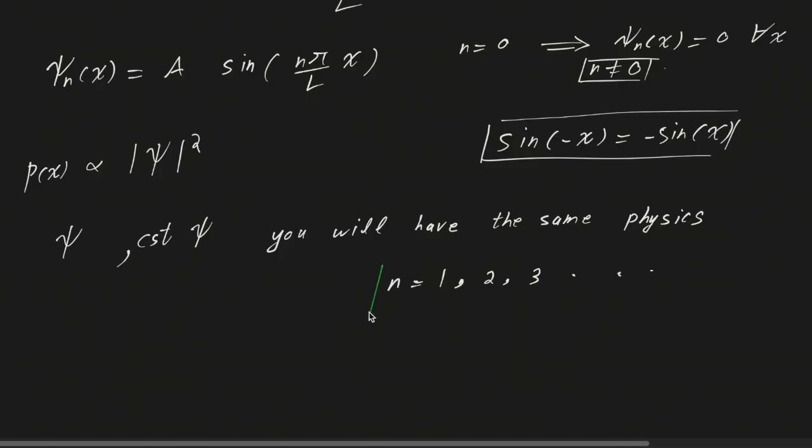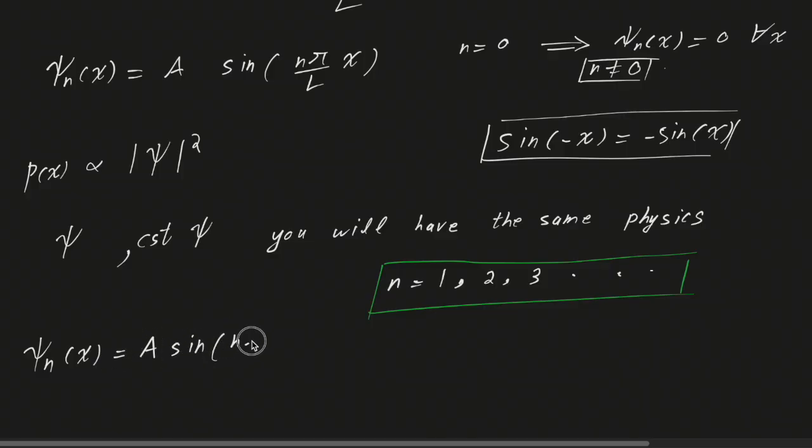So only positive integers are allowed, and essentially these are our wave functions. Psi n of x equals a sine n pi over L x.